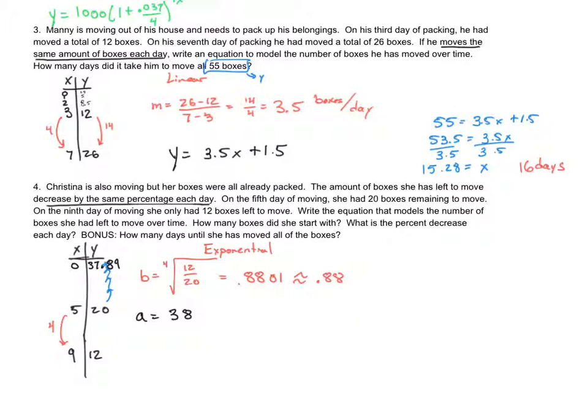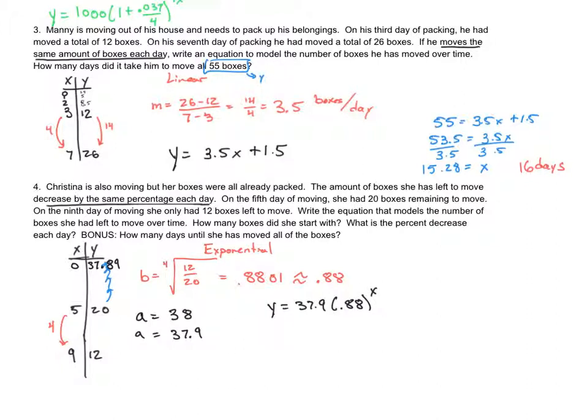It'd be okay if you left that as 37.89 or 37.9, that'd also be acceptable. So this equation would be y equals 37.9 times 0.88 to the x.